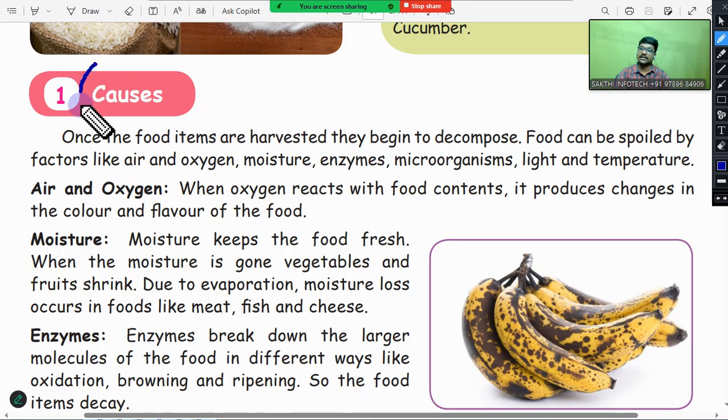Causes. Once the food items are harvested, they begin to decompose. Read two times.